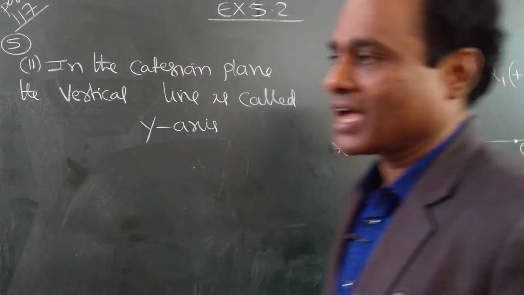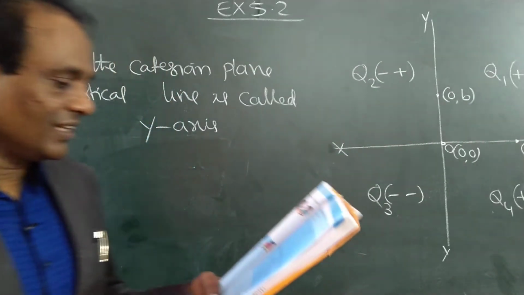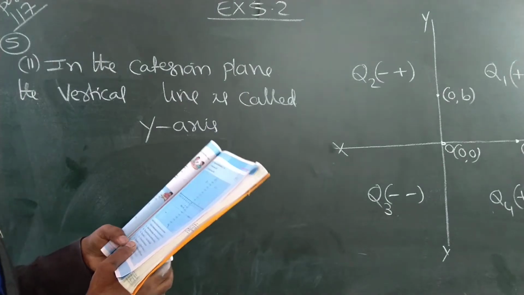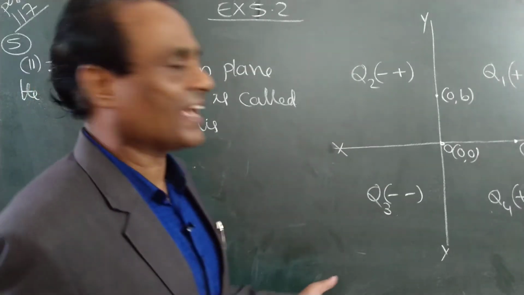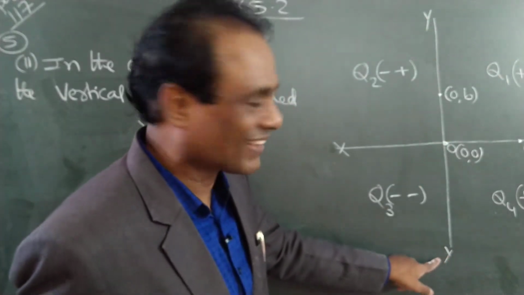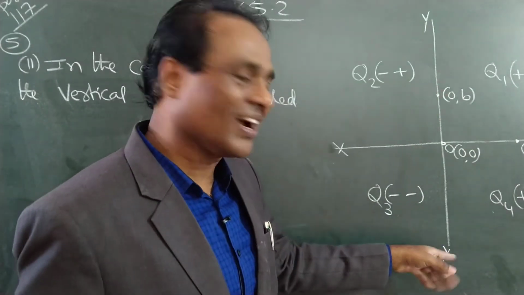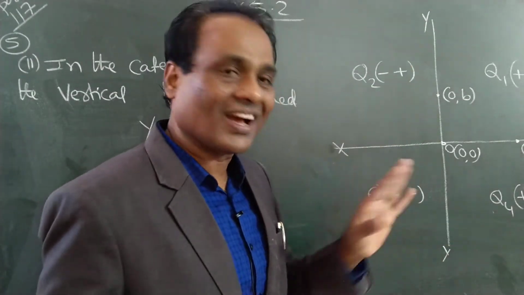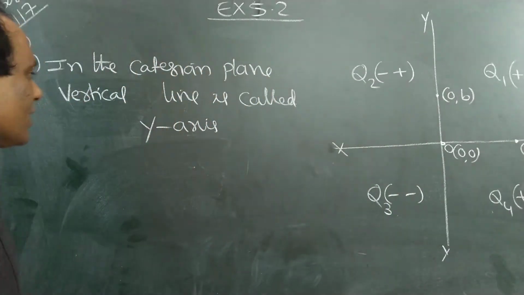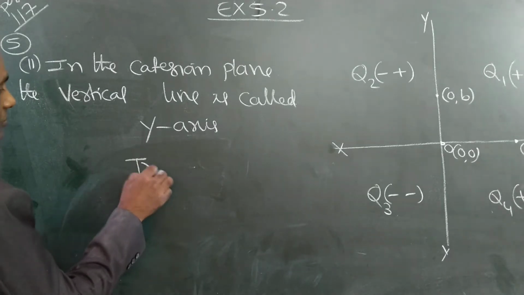Don't see your textbook answer. In the Cartesian plane, the vertical line is called y-axis. Is it correct or not? Yes, it is correct because the vertical line is y-axis. The vertical line is called y-axis only. No doubt in it. Therefore, true.